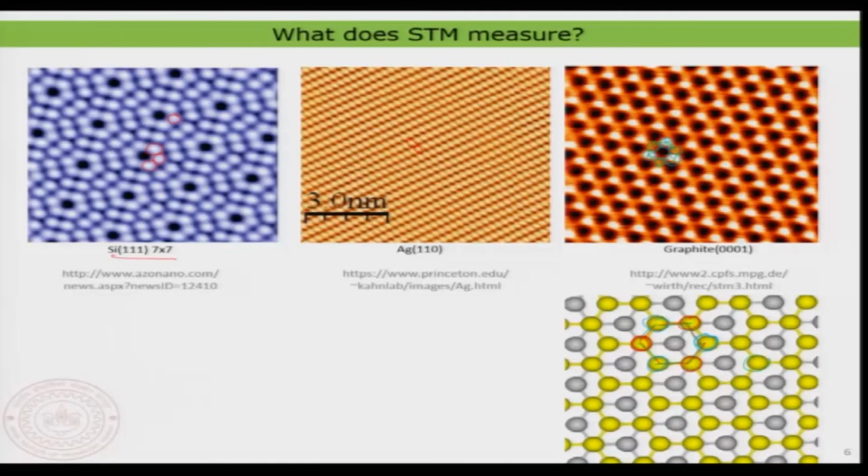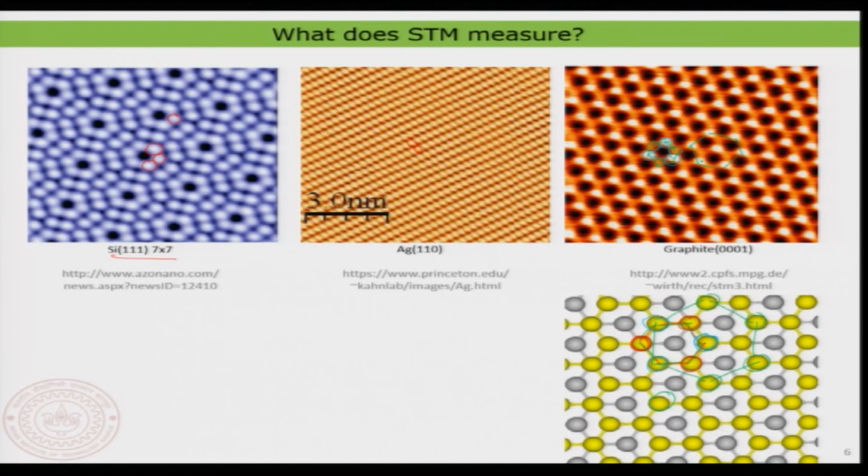So you would always find these atoms to be brighter in the STM images. That is the reason why you also see this big hexagon that gives rise to the big hexagonal contrast in STM, which looks like this.